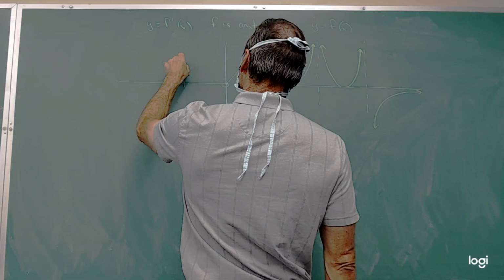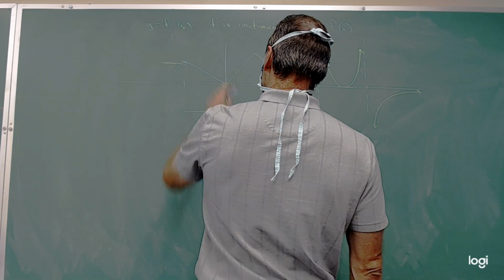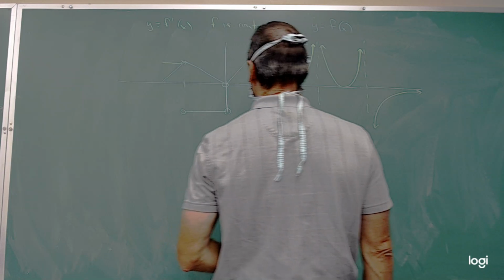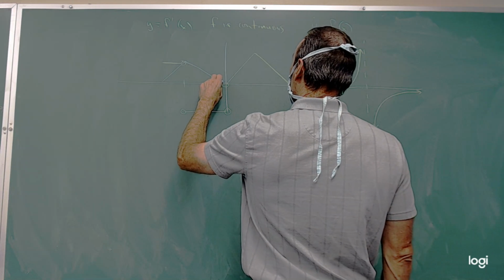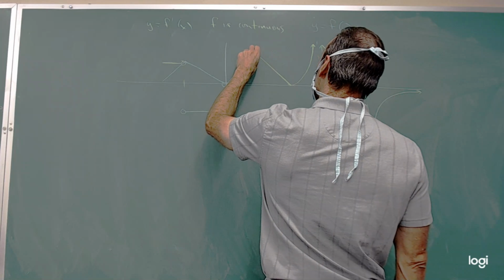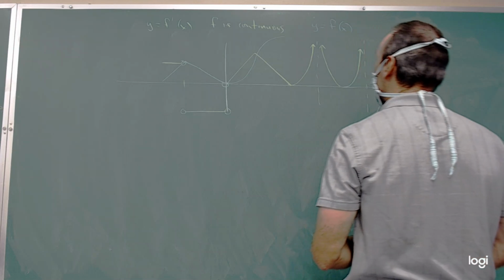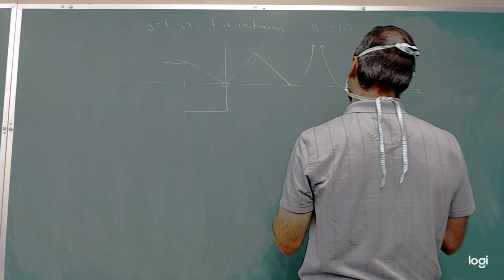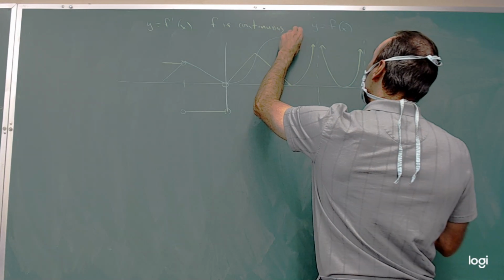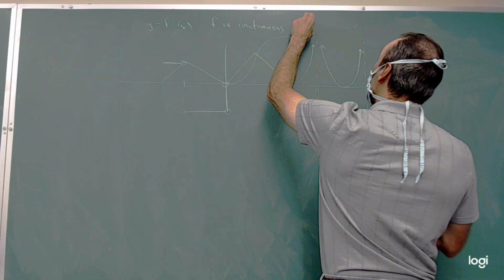And then it's a corner point. Wait, no, it's still increasing, so it's going to go down to 0 like that. And it's increasing again from there to there. And then it's still increasing, it's just going to be like a downward, you know what I'm saying? Like that.